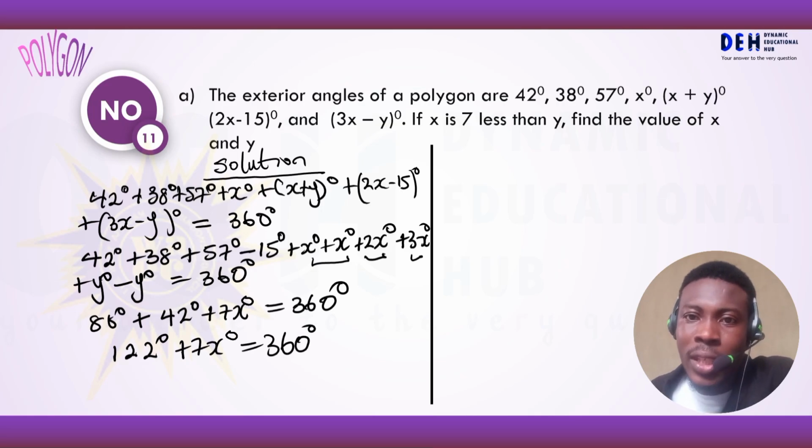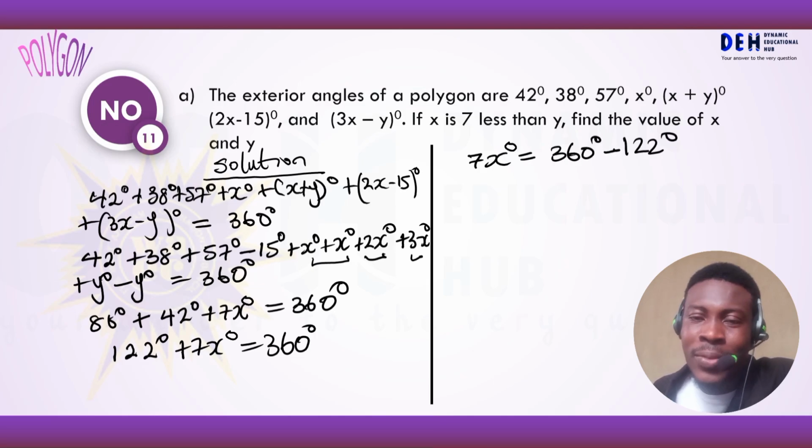Let's come over to this side. We want to find x, so collect like terms. 7x is equal to 360 degrees minus 122 degrees. It's very simple: you subtract 122 from both sides. So 7x is equal to, what's 360 minus 122?